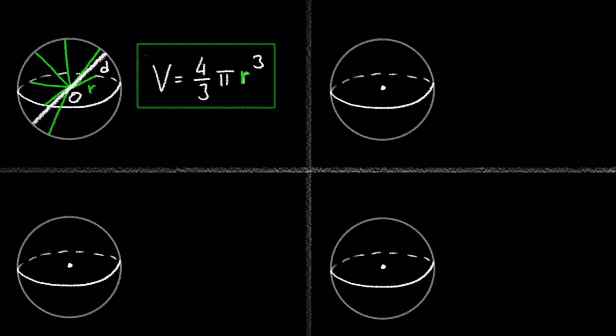Let me show you how to find the volume of a sphere with a radius of 2 centimeters. The volume is 4/3 times pi times r cubed.